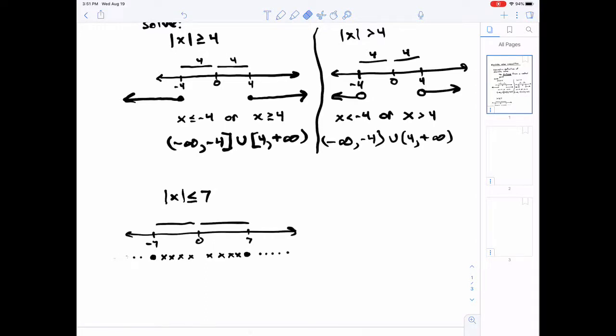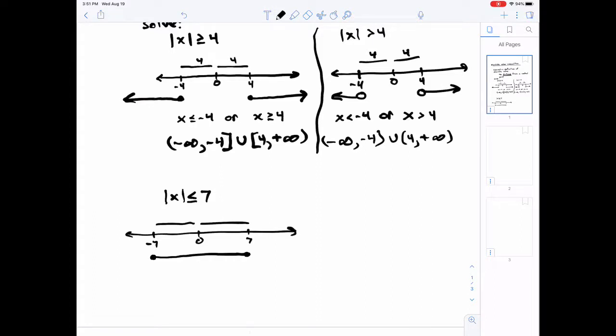So let me get rid of these scribblings. You wouldn't put these little X's and dots and stuff. I'm just trying to give you an idea of what part I'm going to include. So basically everything between those, any number in here from -7 to 7, including those, would be a solution, would make the statement true. Absolute value of x is less than or equal to 7.